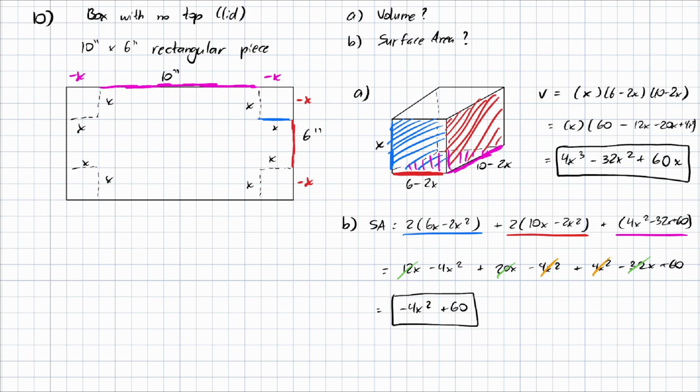Now, logically, this makes sense, right? As x goes up, this negative term increases. And there's a point where if x is too large, you have negative surface area or volume, which at least for surface area would make sense, right? Because you're cutting out so much that you're going to have nothing left, or at least you have very weird numbers.